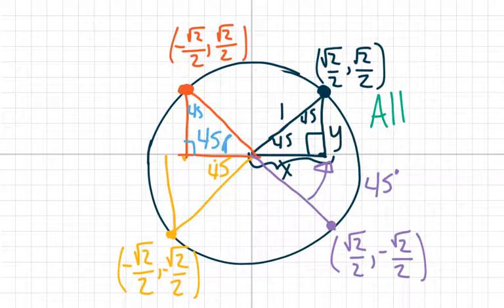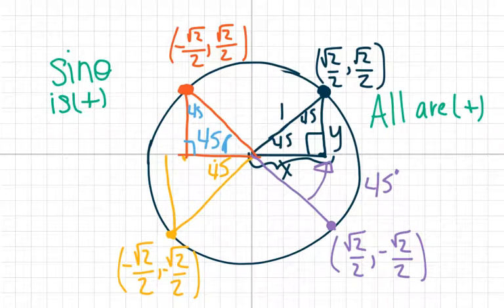So that means our cosines are going to be negative, but our sines are going to be positive. So when we talk about our tangent, which is the ratio of the two, a negative divided by a positive is a negative. So our tangent is going to be negative in the second quadrant. The only thing that's going to be positive is sine.